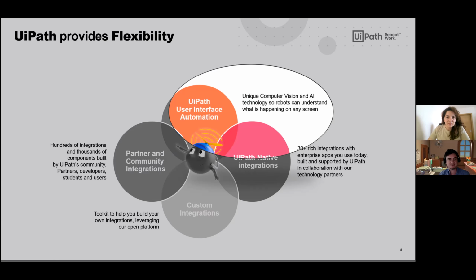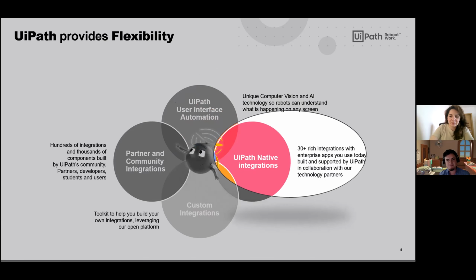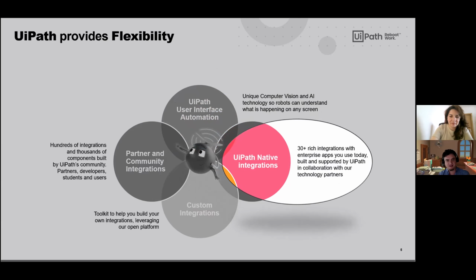We will not cover this in our presentation today, but the major part of the presentation will deal with these native integrations, where we've built in the past 30+ rich integrations. We built together with our technology partners, where we work very, very closely together with them in order to provide the best user experience for you guys, but also to keep all the security standards, which are rather high, you know, in the environments where we're running our robots.